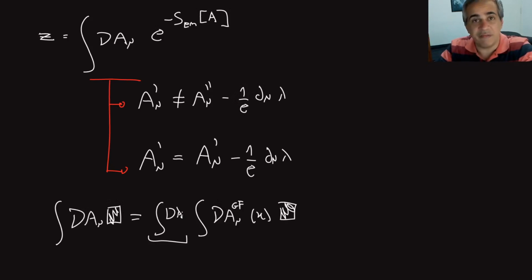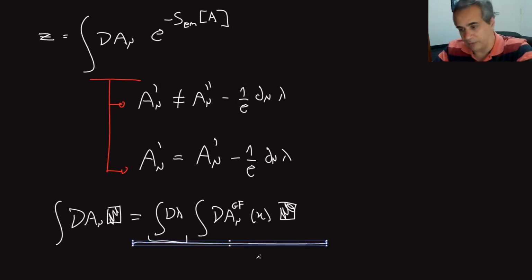This is essentially the volume of this internal symmetry, right? The internal space of functions. And if I can do that, then I know that in any observable I'll also be dividing by the same path integral, so this guy goes away, right?